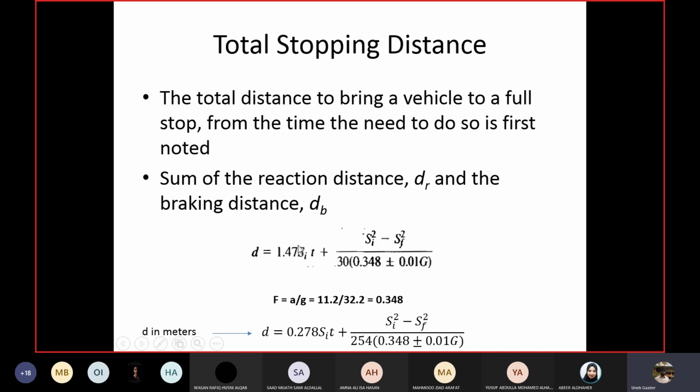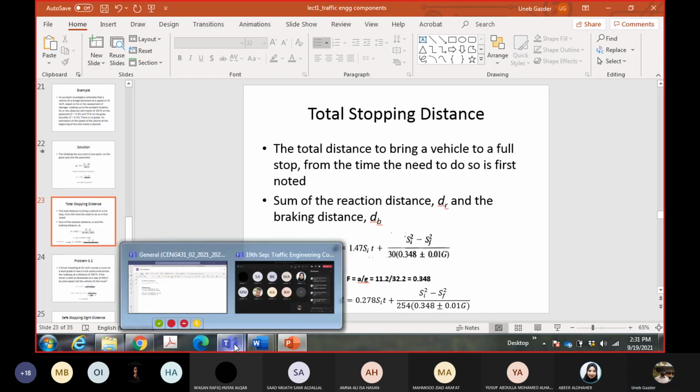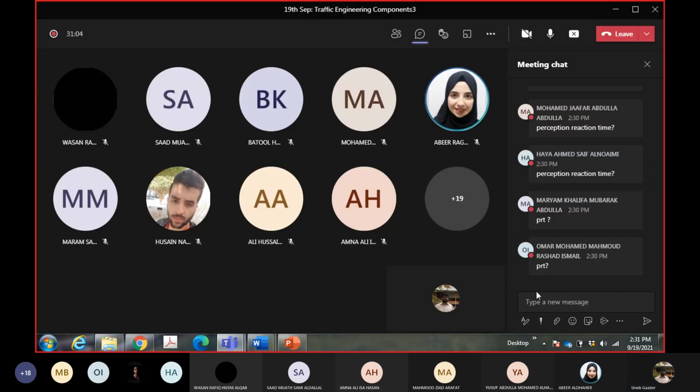What is this 1.47? S into T will give you distance, right? And we already have the equation for braking distance here, so there's no confusion up till here. What is this 1.47 doing here?